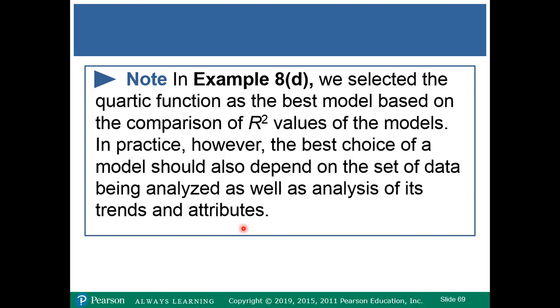There may already be a distribution or a curve that's used in the industry. So knowing more about the data is going to be important. It's not just about looking at R squared values and going with the highest one. It's more than that.